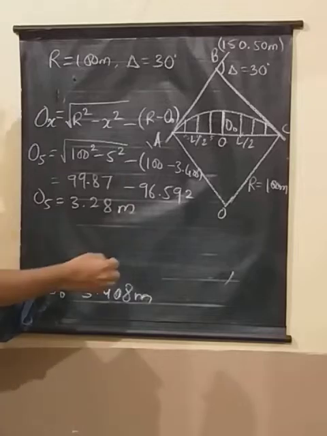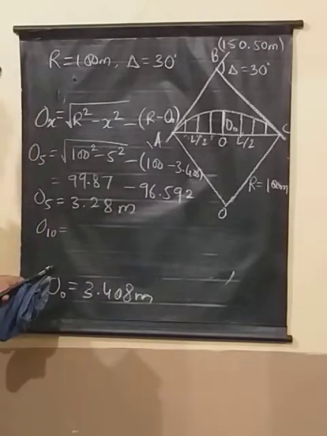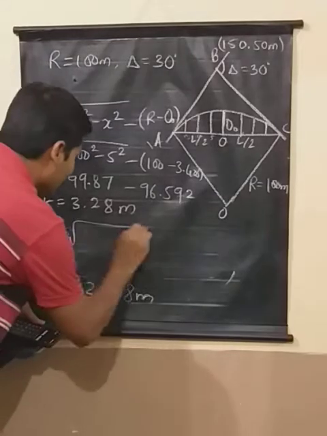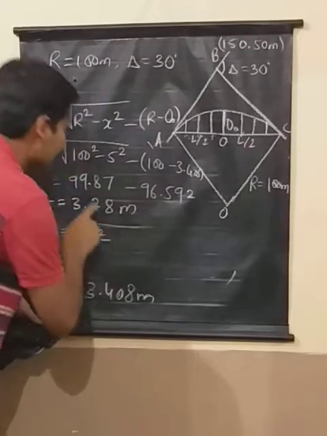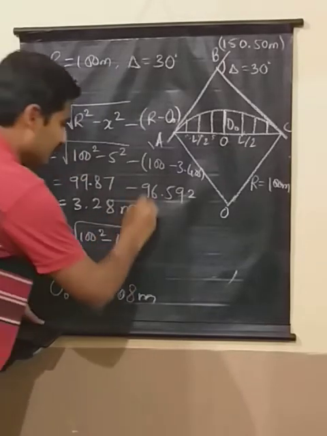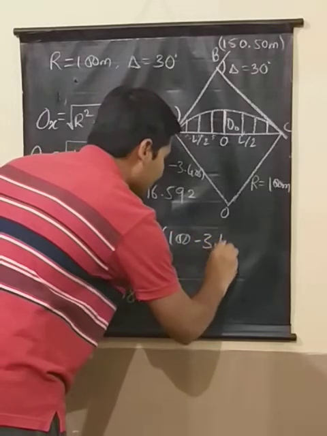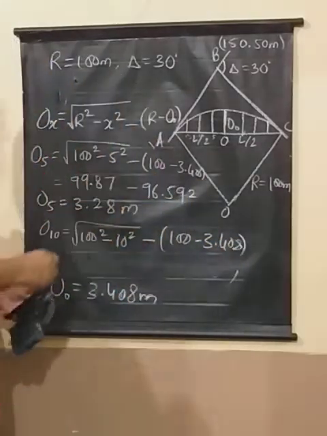So further, if I have to calculate for O10, right? So O10 will be 100 square minus x, where x will be 10 now. The next value will be the same as the one we have there, because it is r minus O naught.